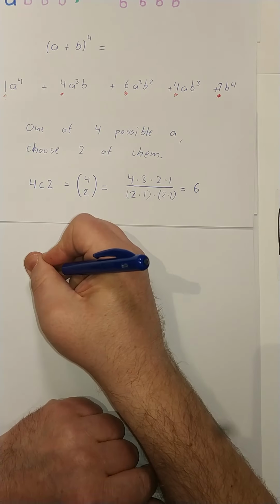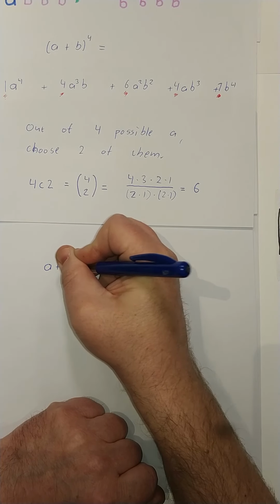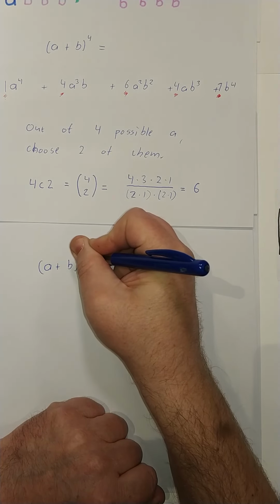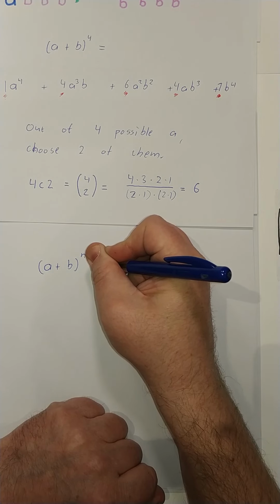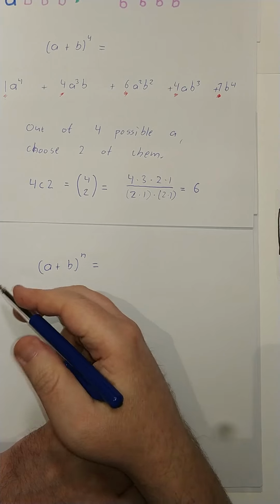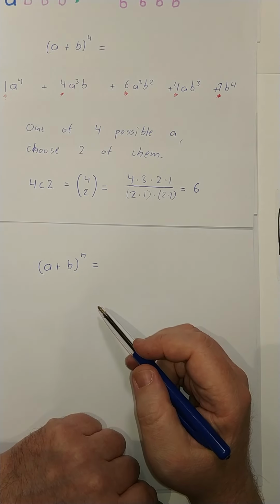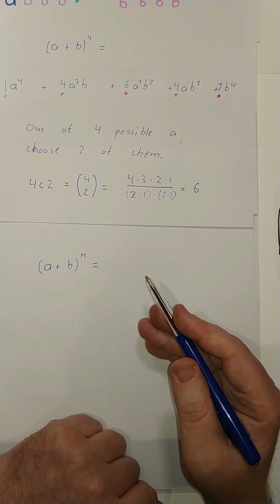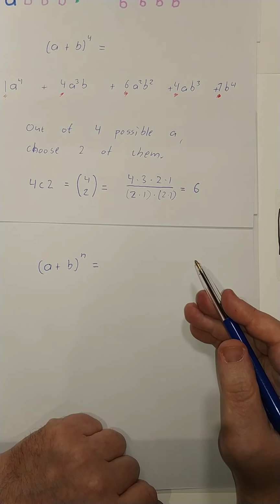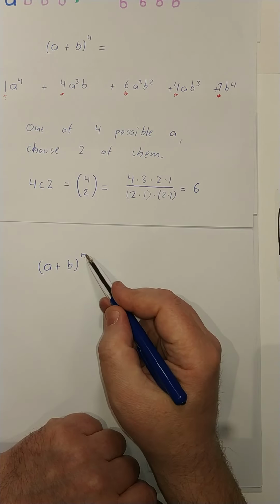So if we sum this up, we have that a plus b, everything raised to an integer n, will be expanded into a sum of terms where in each term we have a and b in such a combination that their exponents add up to n.